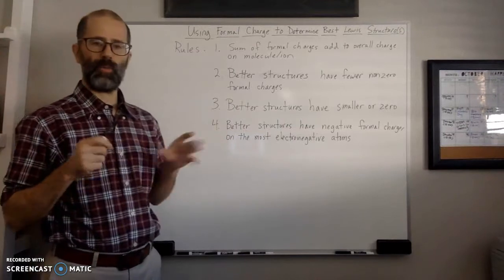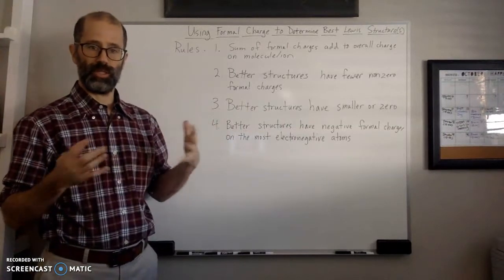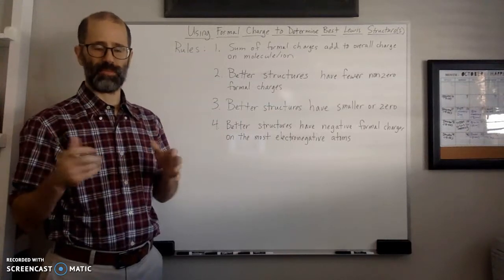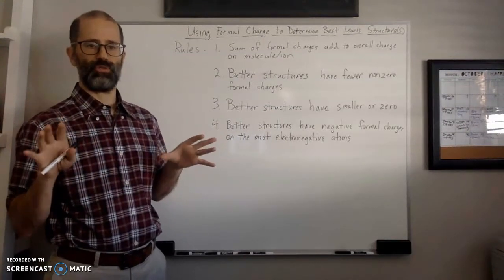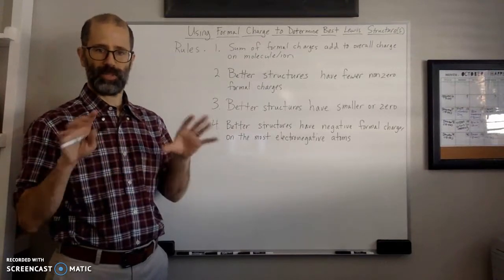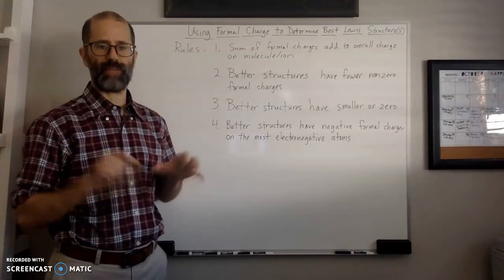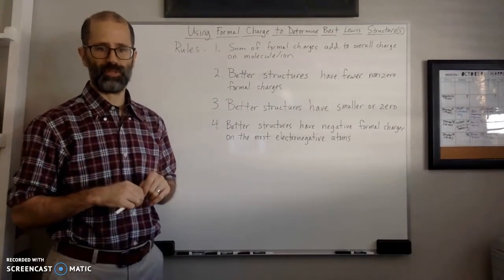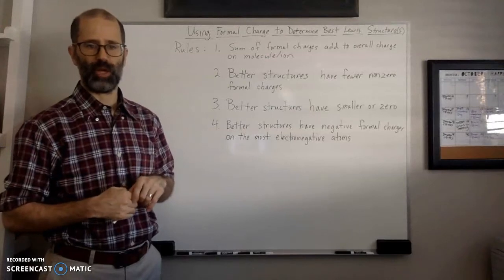The one thing I want to point out with regard to Lewis dot structures that are the same is that in order for two structures to be the same Lewis dot structure for a particular molecule, they should have the same connectivity. And this relates also to resonance structures, which is in another video.